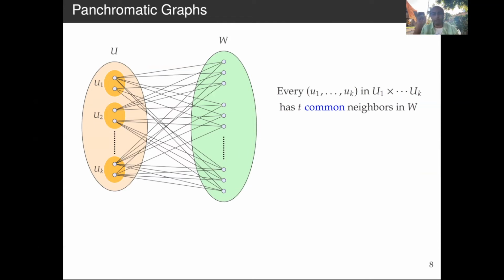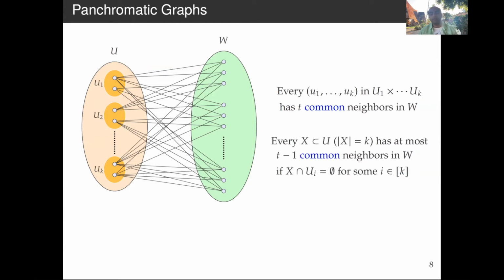So as long as we pick u1 in U1, u2 in U2, up to uk in Uk, regardless of which particular ones I pick, any k-tuple that is panchromatic, one from each color class, is going to have t common neighbors in W. Whereas if we pick any k vertices in U which skip a color class, or in other words, equivalently repeat a color class, then we'll have only t minus 1 common neighbors in W. Okay.